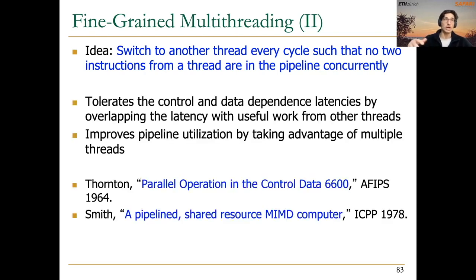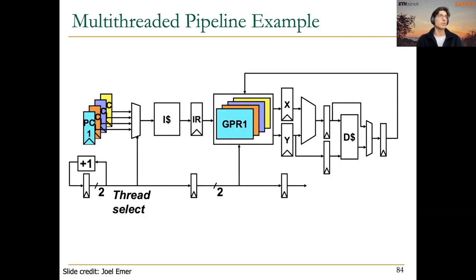For example, you may have an access to the main memory that usually takes very long, like hundreds of cycles, and the next instructions from the same thread are dependent on this access. So we have to wait. And while we are waiting, we can start scheduling instructions from other threads, and this way make good use of the pipeline. You can see a pipeline here where you can easily identify the different general purpose registers, different colors meaning different threads, and also the different program counters.